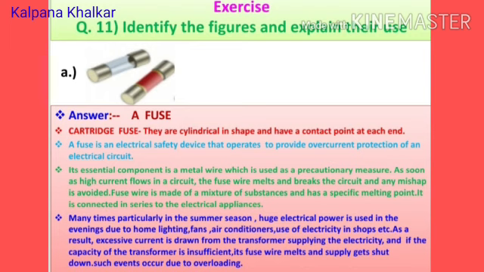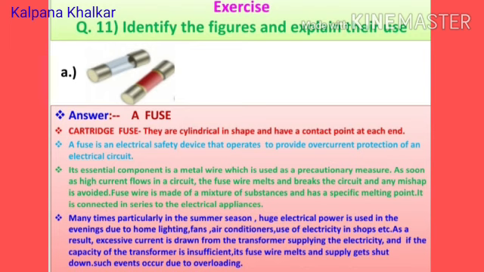A. Observe the given figure. Answer. A fuse. To be more specific, we can say that this figure is of cartridge fuse. They are cylindrical in shape and have a contact point at each end. A fuse is an electrical safety device that operates to provide overcurrent protection of an electrical circuit.